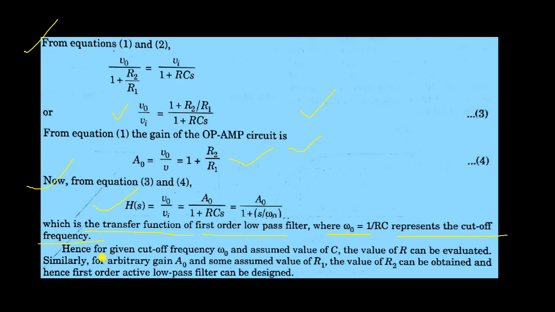Hence, given the cutoff frequency omega0 and an assumed value of C, the value of R can be evaluated. Similarly, for arbitrary gain A0 and some assumed value of R1, the value of R2 can be obtained, and hence first order active low pass filter can be designed. Okay student, now moving to the next slide.